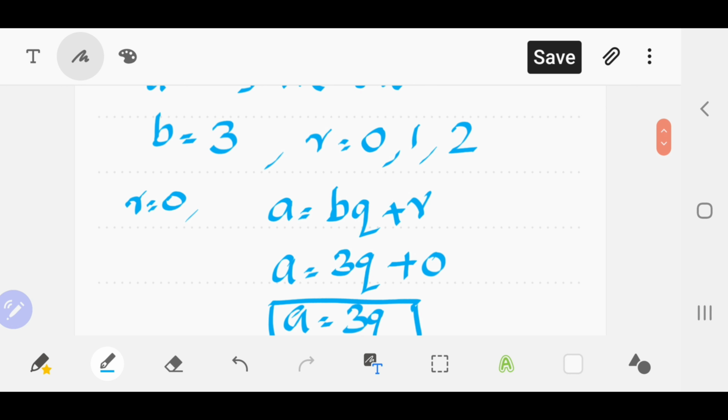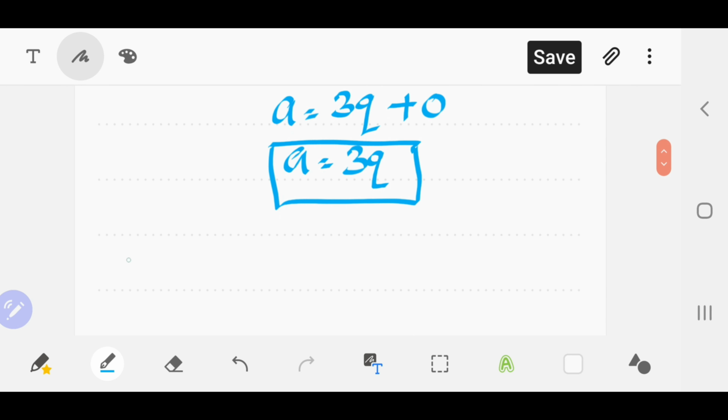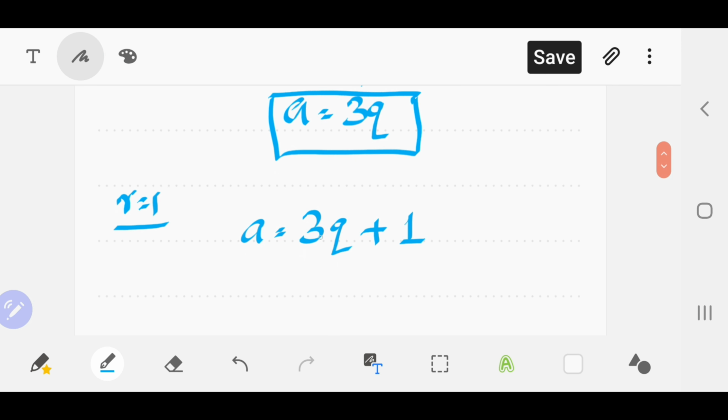Now in another case, r is equal to 1, then a is equal to 3q plus 1. So this is our second possible a.